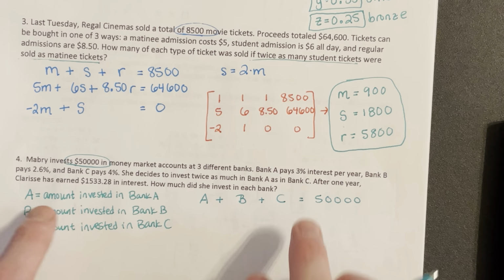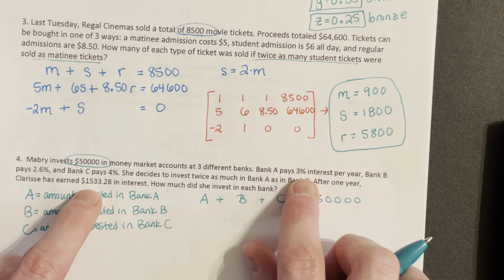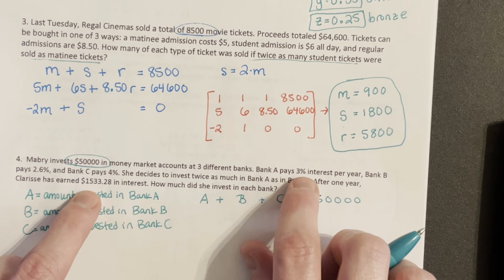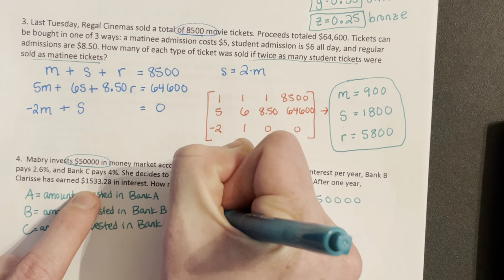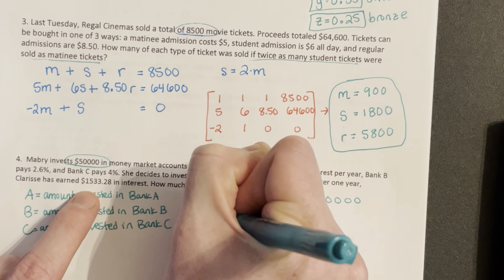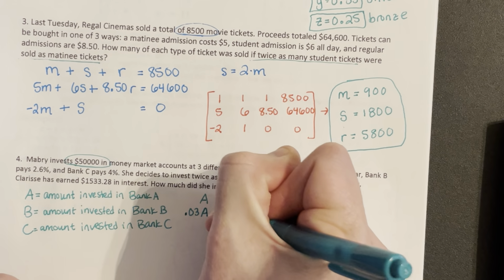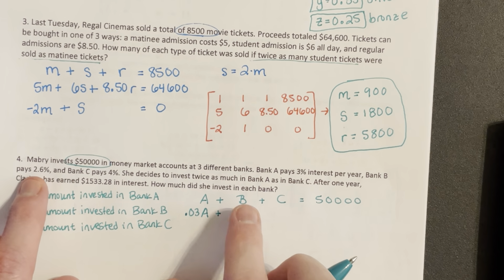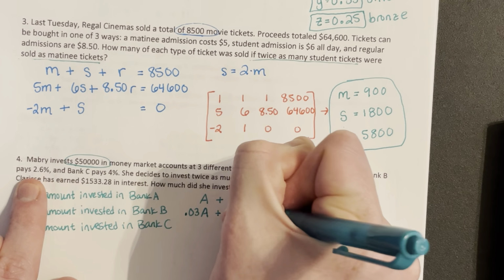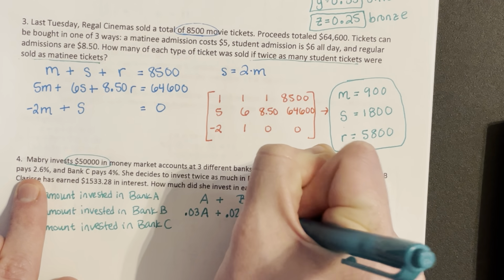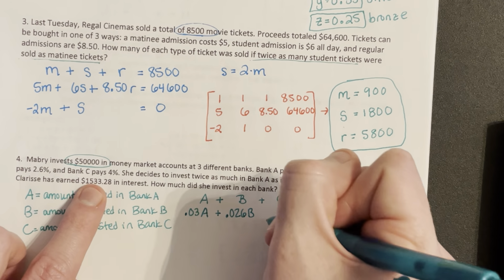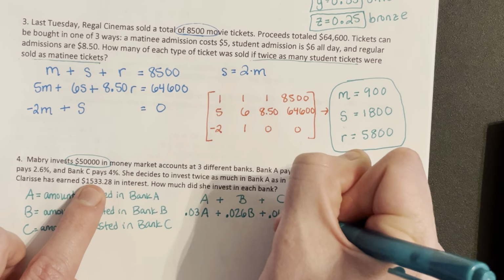But the interest part goes together. So 3% in Bank A. So whatever she was investing, the amount that she invested is being multiplied by 3%. The amount that she invested in B is being multiplied by 0.026. And the amount C is being multiplied by 0.04.